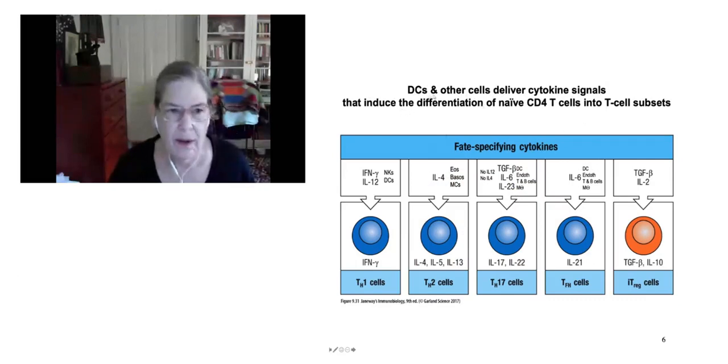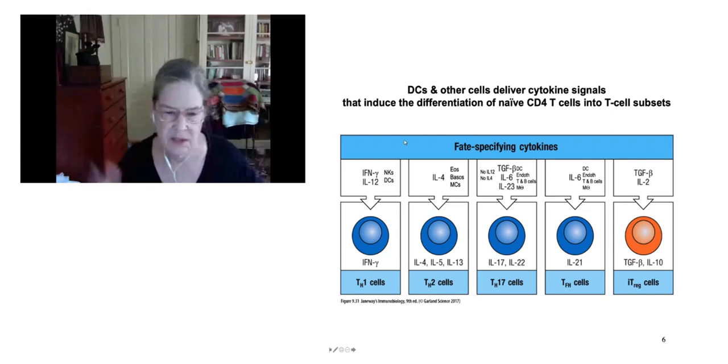Okay, so the thing is that dendritic cells and these other innate immune cells, if they're secreting different kinds of cytokines, and eosinophils, basophils, and what are these MCs? Oh, these are macrophages, I think. So no, they're not. Mast cells. Okay, eosinophils, basophils, and anyway, they will then force the T cell to become a Th2 cell.